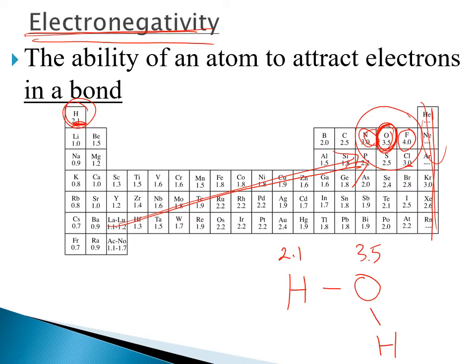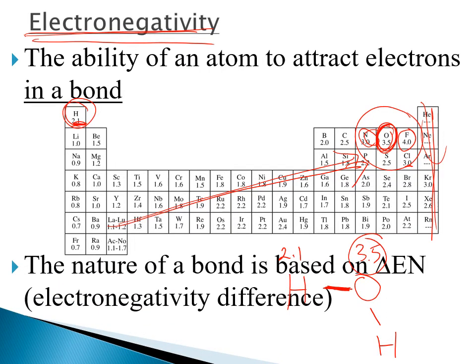We end up with hydrogen and oxygen bonded to each other. That bond shows that they're sharing those electrons, but oxygen has a greater electronegativity, so it sort of hogs the electrons, and that is going to lead to a property called polarity. I've drawn a molecular covalent bond in this water here. The nature of the bond is based on the difference in electronegativity.